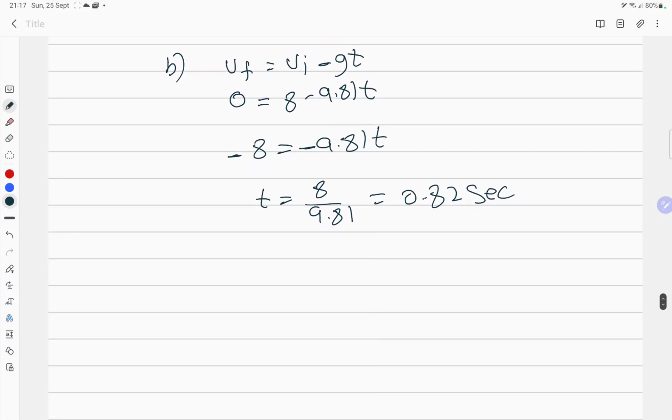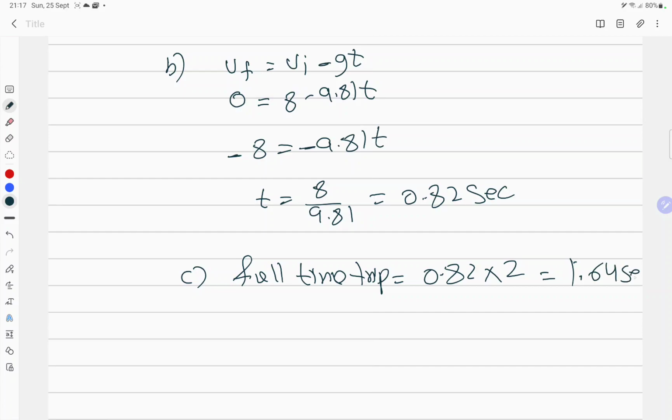In this case, the full trip time, part C, can be 0.82 times 2, approximately, which is 1.64 seconds.